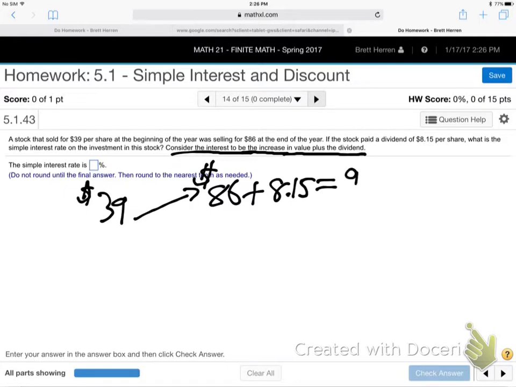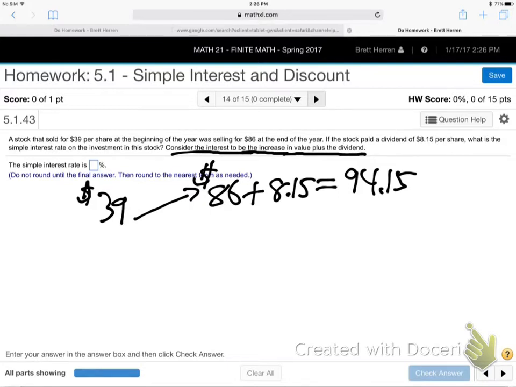What is that, 94.15. That's really what happened. Does that make sense first off? Just the big idea. What they're saying is these stocks were worth $39 a share. They grew to be $86 a share, plus they paid everybody $8.15 per share. So they really had that growth as well.